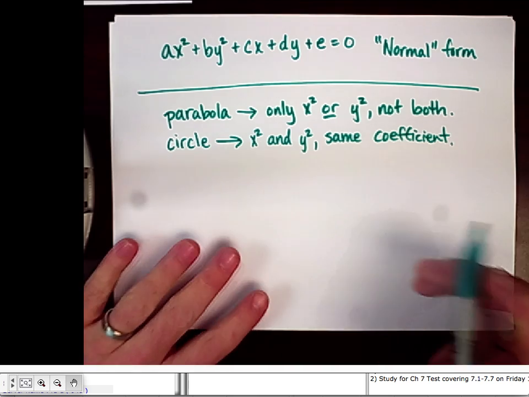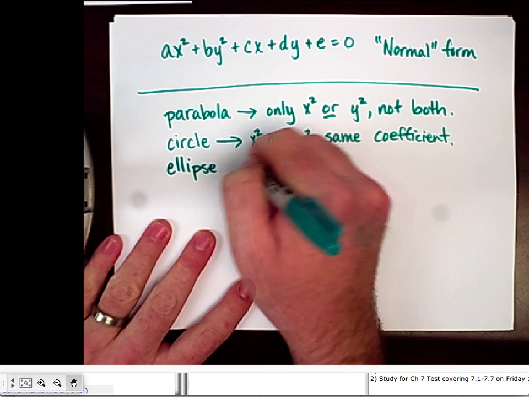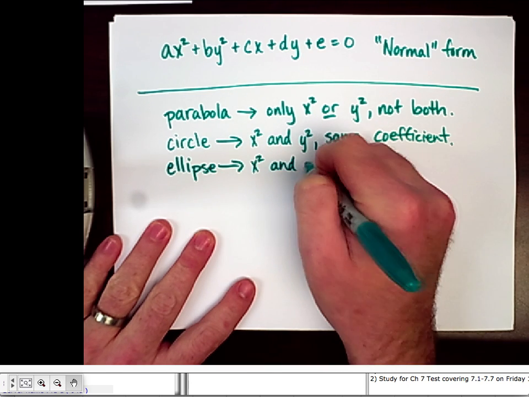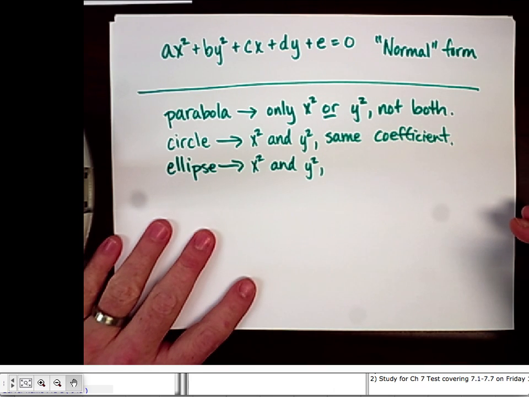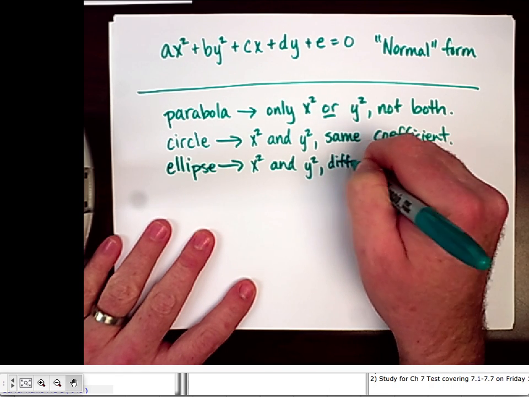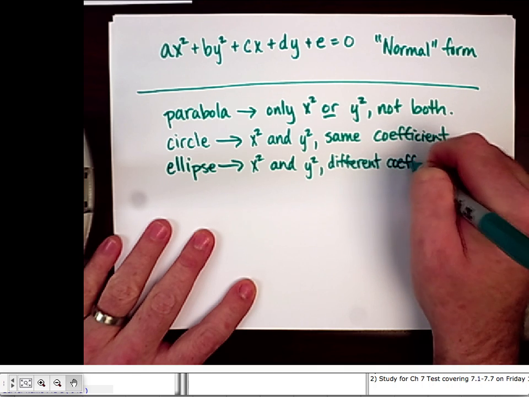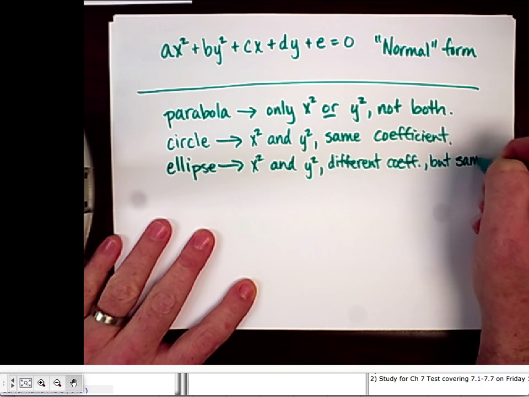All right? For an ellipse, you have x squared and y squared. I don't really have to write that every time because that's true for everything except the parabola. You have x squared and y squared, different coefficients, but same sign.